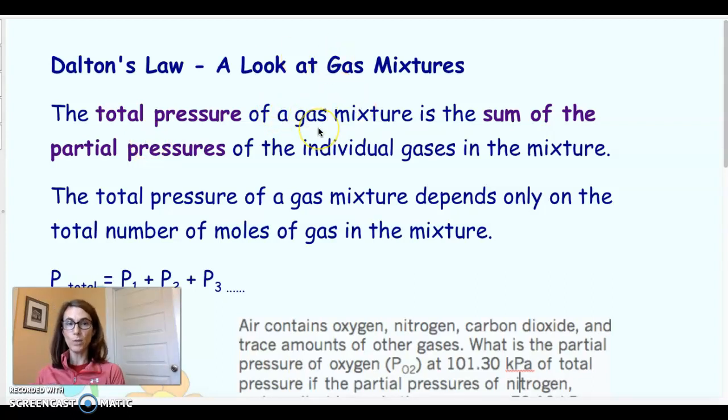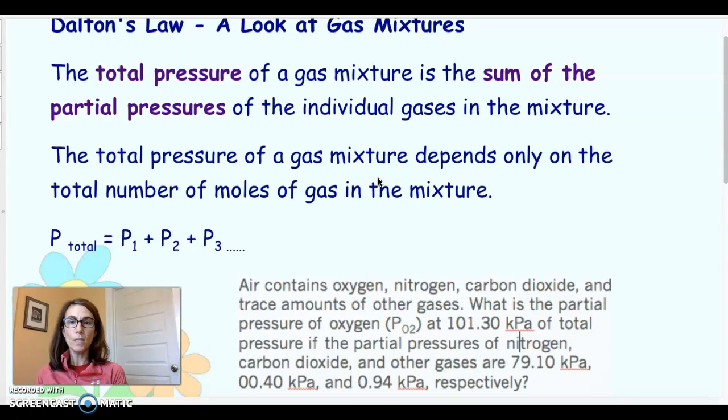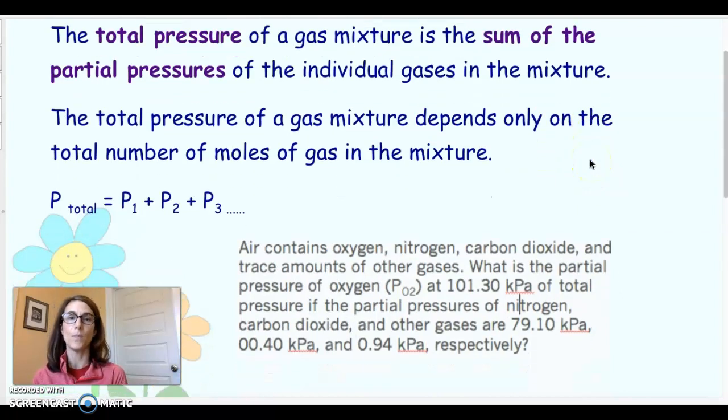The total pressure of a gas mixture is just the sum of the partial pressures of those individual gases in the mixture. So the total pressure of a gas mixture only depends on the total number of moles of gas in the mixture, not necessarily what those individual gases are from a chemical formula perspective.